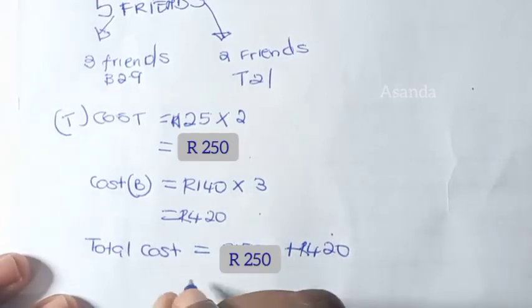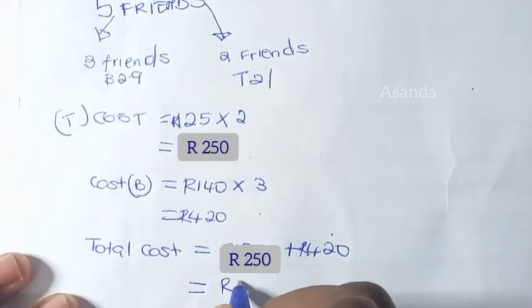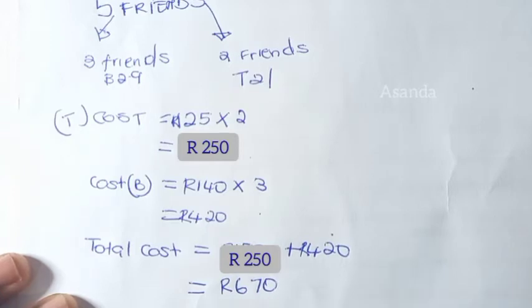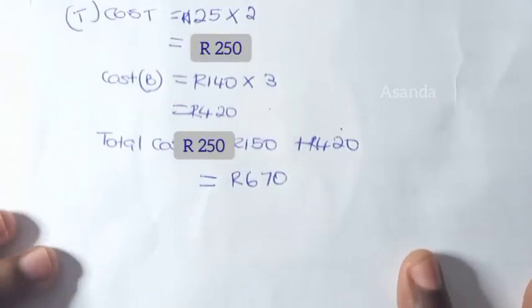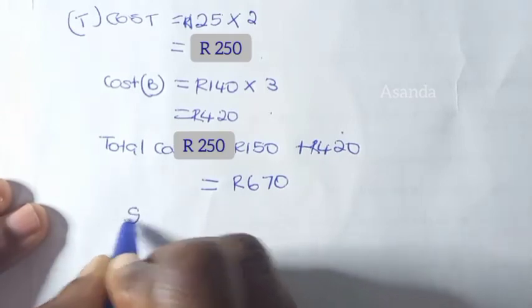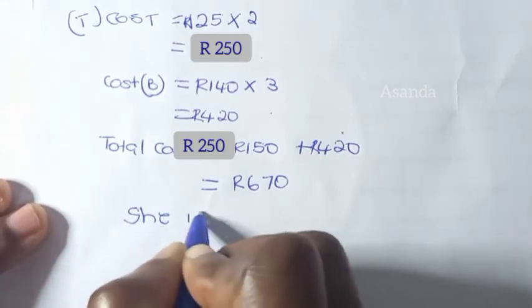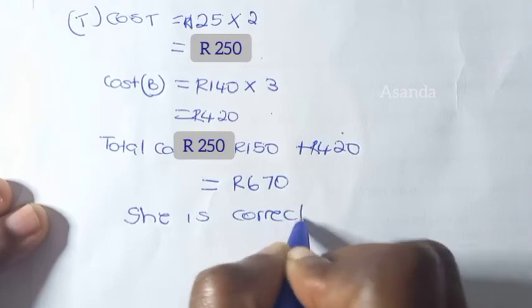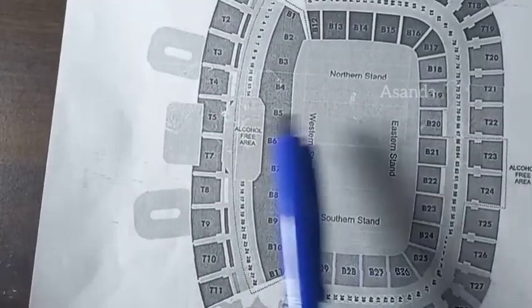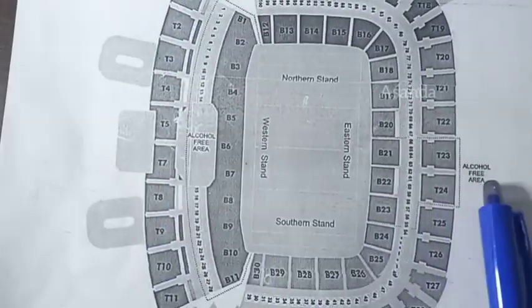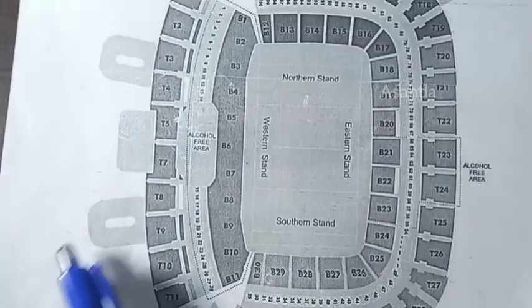So then the answer there will be 670. So you see, she's right. So the last thing you say is she is correct. Why does this stadium have an alcohol-free area? There's an area that says alcohol-free, which means alcohol is not allowed.